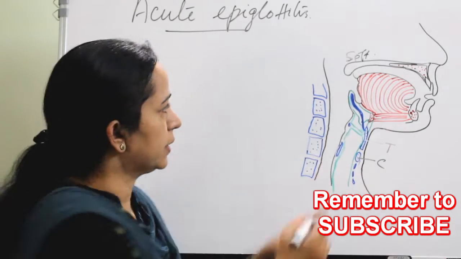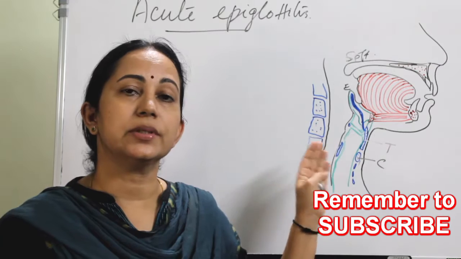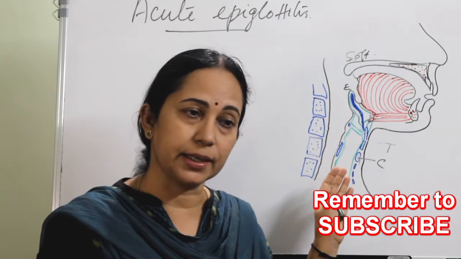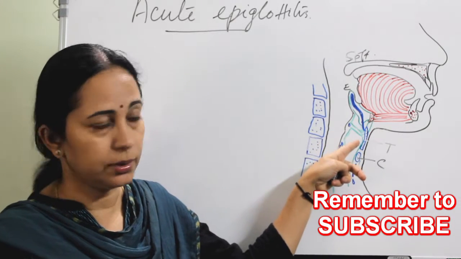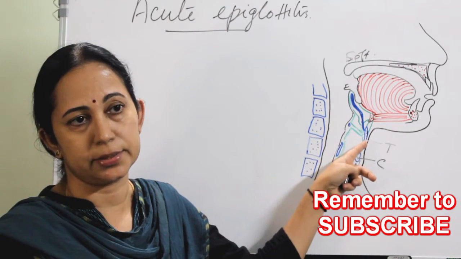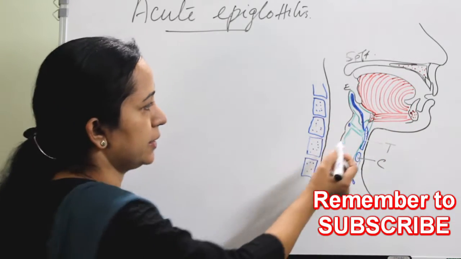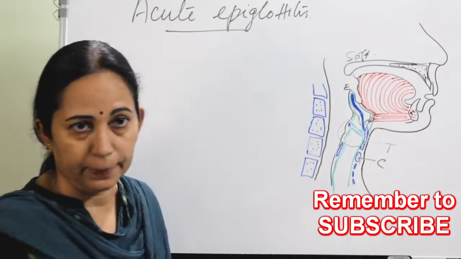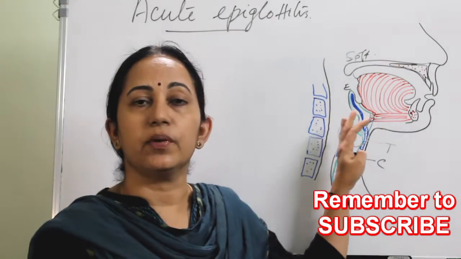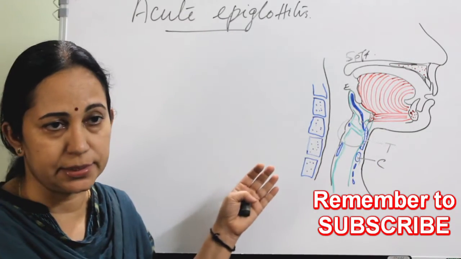This epiglottis is a leaf-like yellow elastic cartilage which gets attached by a petiole to the thyroid cartilage. It forms the anterior boundary of the laryngeal inlet. Any inflammation of this epiglottis is called epiglottitis.